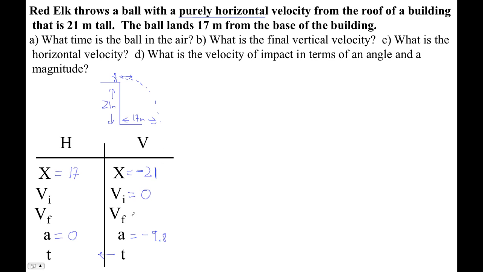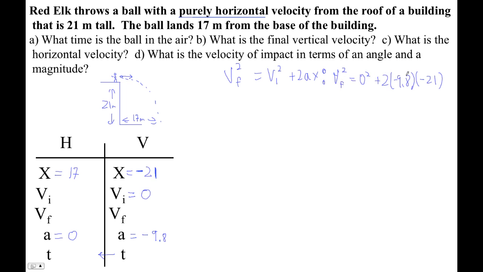To get the final velocity, I think I'm going to use no t. So I'm going to use Vf squared is Vi squared plus 2ax. So Vf squared is 0 squared plus 2 times negative 9.8 times negative 21. Notice that the negative times the negative makes it positive, which makes it possible for us to take the square root of that.